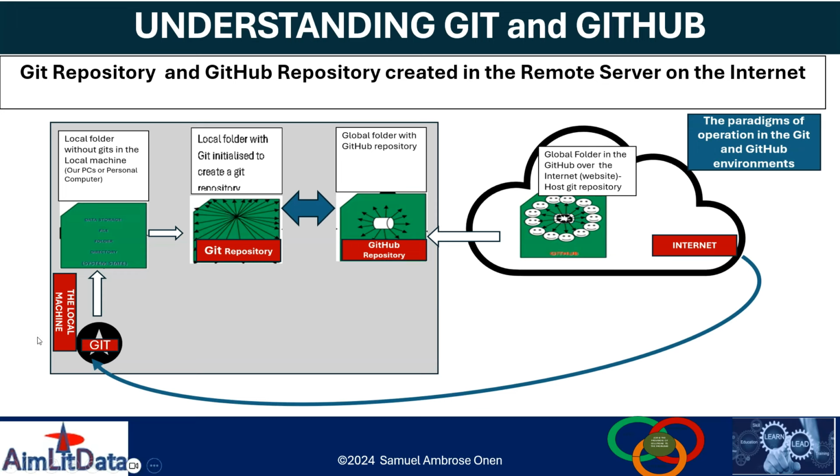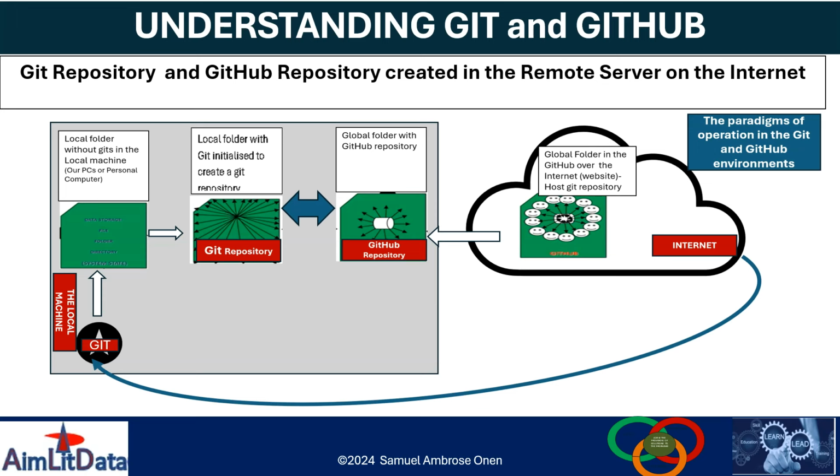But once we have installed the Git program, that means some of the files in those folders are being monitored, but not explicitly, until we create what is known as Git repositories. That's when we will see the explicit operations or function of Git, to track our files, to watch our files in the folders, which is a Git repository.